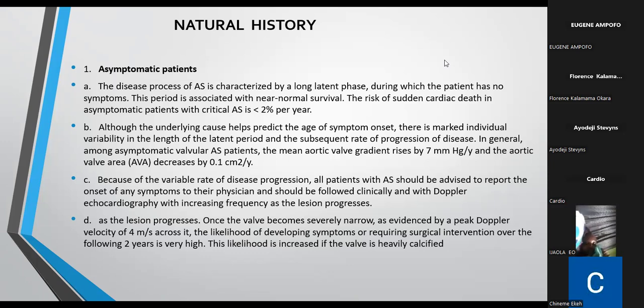Once the valve becomes severely narrow, as evidenced by a peak Doppler velocity of 4 across it, the likelihood of developing symptoms or requiring surgical intervention over the following 2 years is very high. This likelihood is increased if they are heavily calcified.